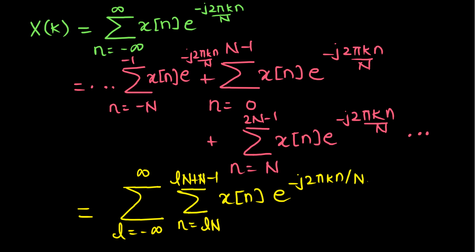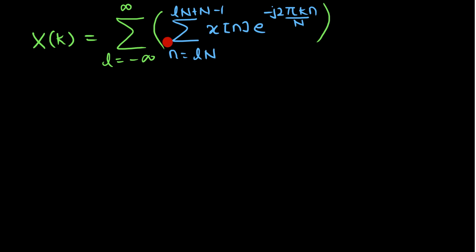So if we take the value of L as 0, this would be 0 to n minus 1, and we would get this portion here. If we have L as minus 1, then it would be minus n to minus 1, so we have this part of the equation here, and similarly if we have L equal to 1, we get this portion. So this is a more compact representation of the same expansion which we had done earlier.